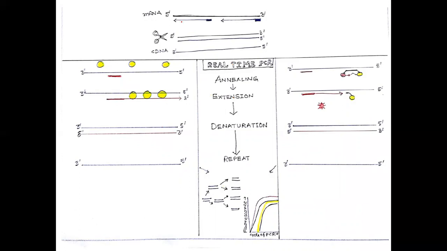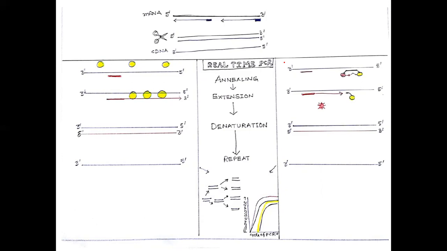As I have discussed already how to make cDNA, we can make cDNA from mRNA. Once we make cDNA, the basic strategy in real-time PCR is that in each cycle it is visualized whether the amplification is happening or not.